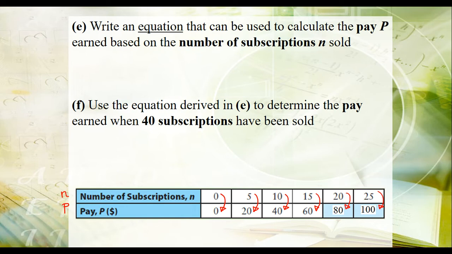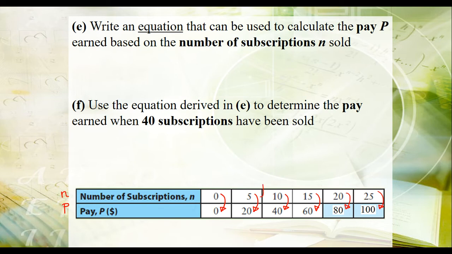So what's the commonality here? What operation could I either add by, multiply by, subtract by, or divide by that would allow me to go from 5 to 20, 10 to 40, 15 to 60, 20 to 80, 25 to 100?